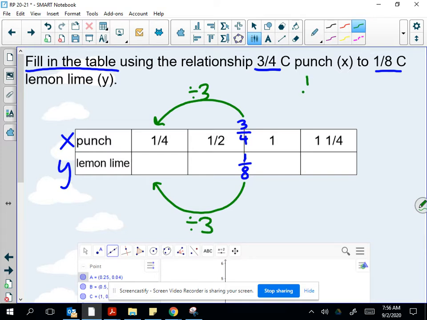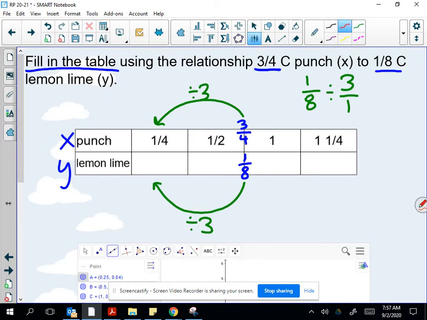Now, 1/8 divided by 3, it's a whole number going into a fraction, so I'm going to rewrite this as a whole number over 1. And then when I divide fractions, I like to get a common denominator. You may have another method that you use. If that works for you, do that. If dividing fractions is something that you struggle with, make sure you're reaching out so we can help you with that.